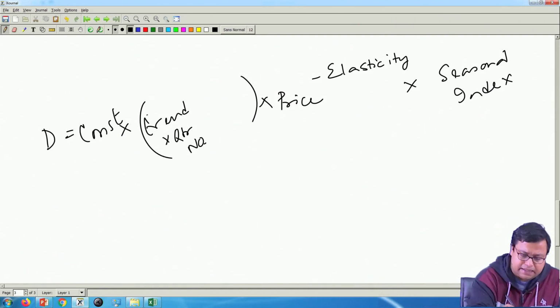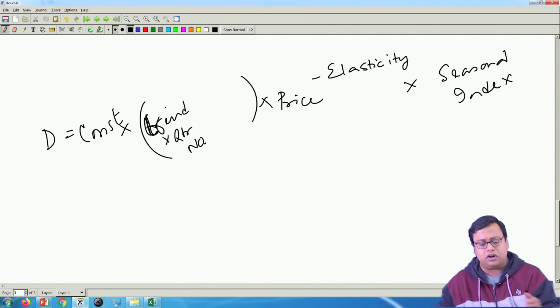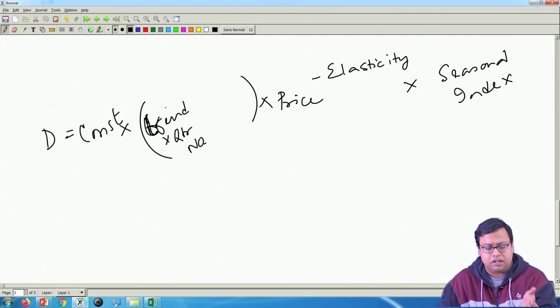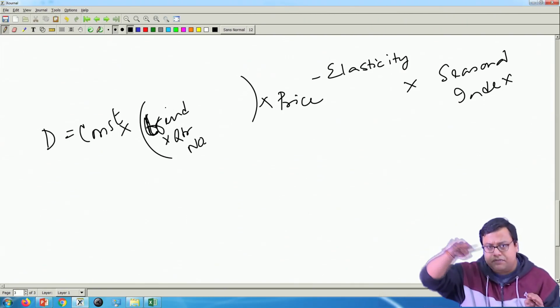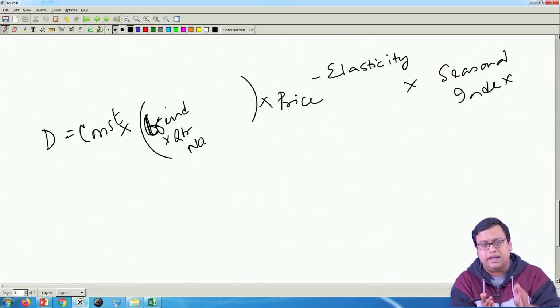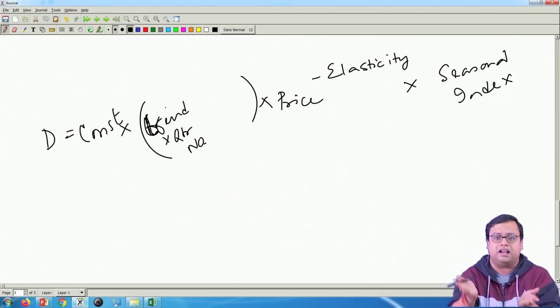Now, the only part that is left is how the advertisement will affect. Advertisement will not affect price, advertisement will not affect seasonal index, advertisement will affect the trend. Whether the trend is going up or going down, it will push it further up or further down.